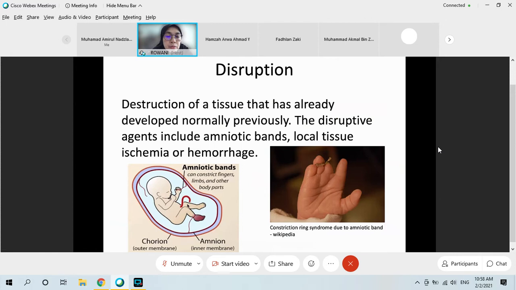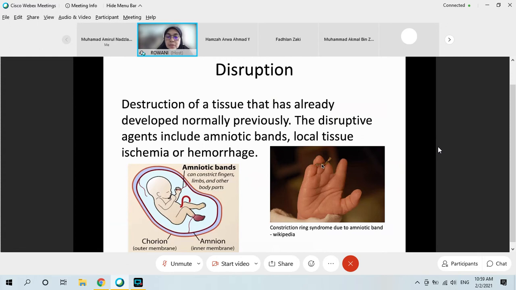to the extent that these structures become ischemic. Because of this ischemia, some part of the limbs will be necrotic or gangrenous, and eventually amputated, like in this example in the hand. So part of the fingers has already been amputated because of the ischemia. But others just show evidence of constriction bands.